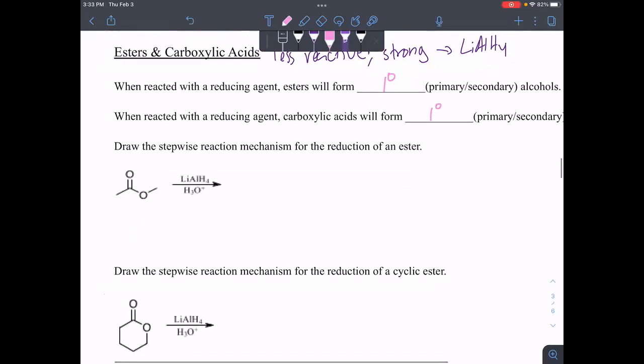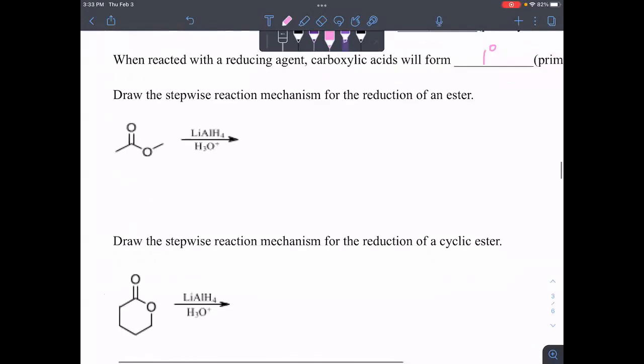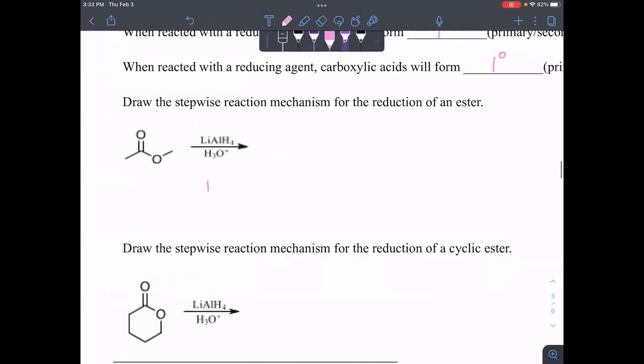So let me draw the mechanism for that. Starts off the same, you get that attack, and you get your new hydrogen. But here's where it starts to be different. So we have these extra electrons on the oxygen.